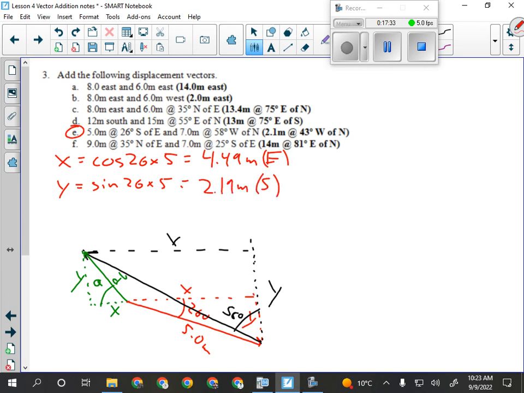Got to do the same thing for the black triangle. So x is going to be the sine of 58 degrees times 7. And y will be the cos of 58 times 7.